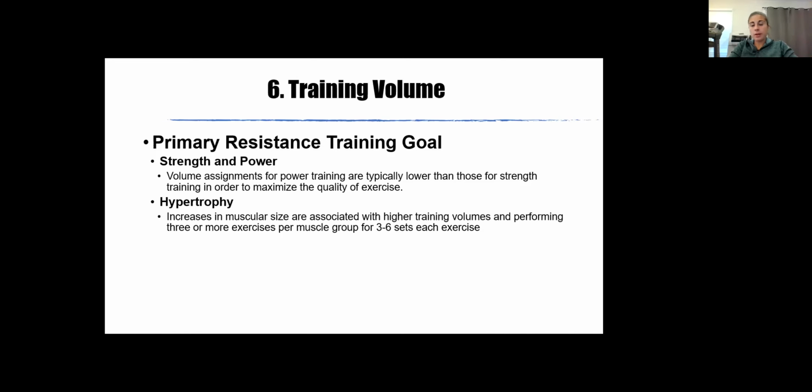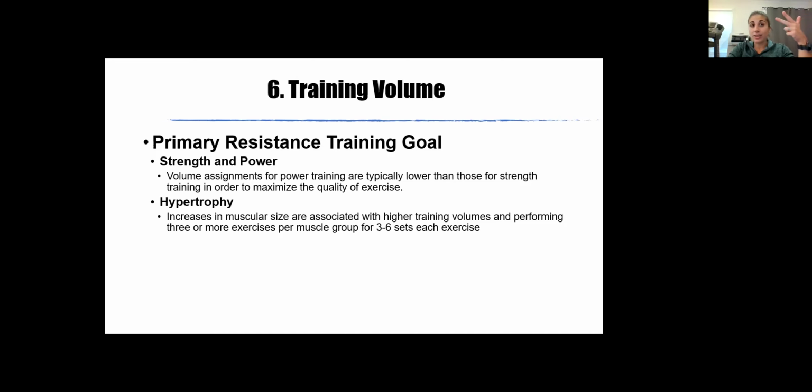For hypertrophy, usually 3 to 6 sets is what will help stimulate muscle growth and increase in muscle size. So higher volume: 3 or more exercises per muscle group, 3 to 6 sets each exercise. Let's think for a moment what that might look like. Say chest: a dumbbell chest press, a chest fly, and a barbell bench press, or push-ups, anything that hits the chest.